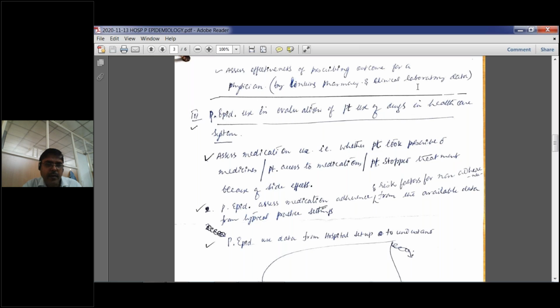I'll come back to the same example, 10 medicines to treat 5 diseases, and if the doctor has followed prescribing guidelines, if all those 10 medicines are properly prescribed, if the patients have properly taken the medicine, then what should be happening at the end of the treatment?